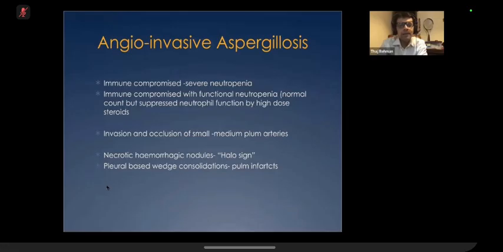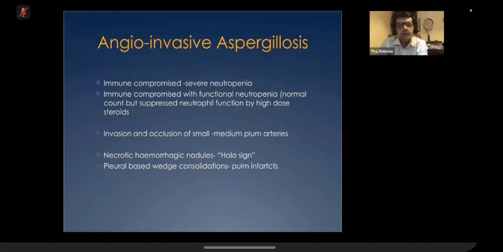Now, for a better understanding, I call it angio-invasive aspergillosis. Then I'm always thinking about angio-invasion and the hemorrhage and the pathomorphology. So it happens in immunocompromised patients in severe neutropenia. It can also happen in immunocompromised with normal count, but they are immunocompromised because of heavy steroids.